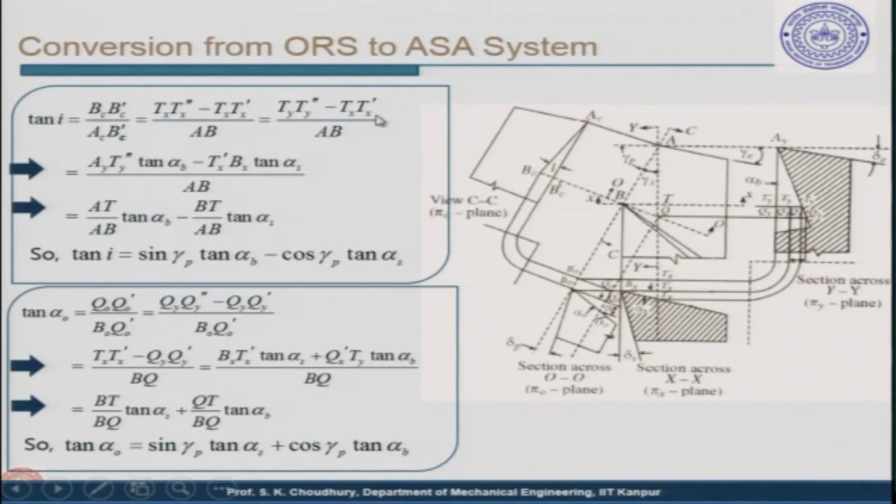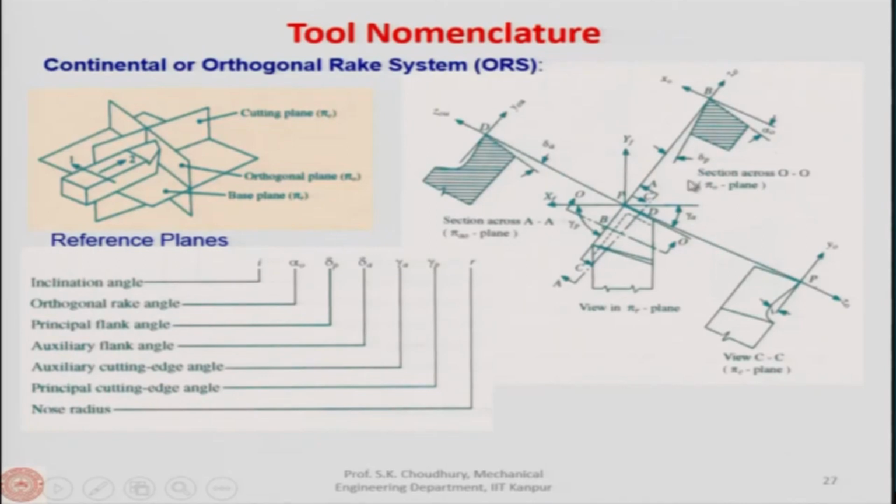Similarly, if you do that for all of these, in this case finally what you can find out is that tan I relates to sin gamma p, and tan alpha b. So, you can see that tan I is in the ORS system, sin gamma p is in the ORS system, that is the principal cutting edge angle, and I is the tool inclination angle.